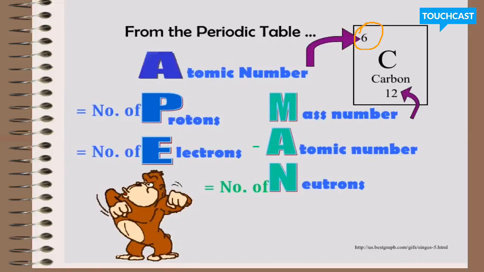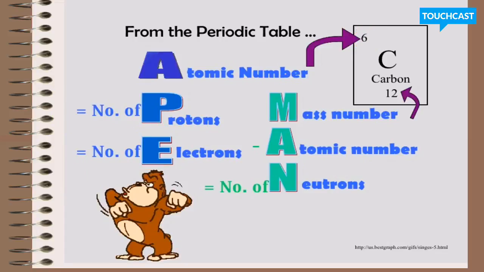That's the A in ape and the A in man, okay? So 8-man: atomic number is equal to the number of protons and the number of electrons. So if I want to draw an atom of carbon, it would have 6 protons because the atomic number is 6, but it also has 6 electrons. So it'd be 6 and 6, okay?